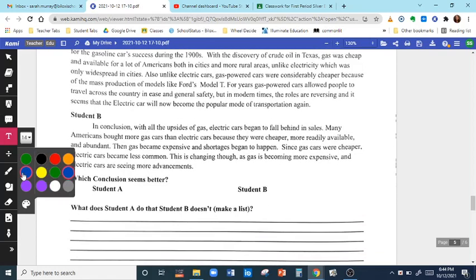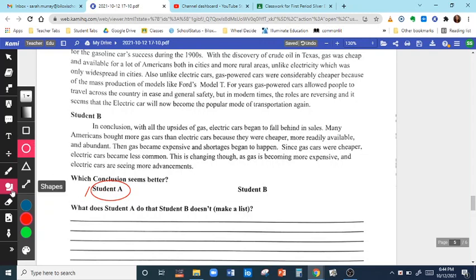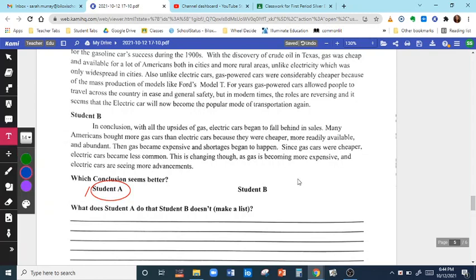I'm going to say that, as previously, I think student A does it a little bit better. Student B does a good job, though. This is not a terrible conclusion in either one. I think student A just does it a little bit better.